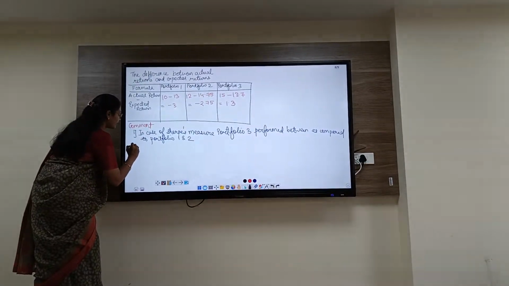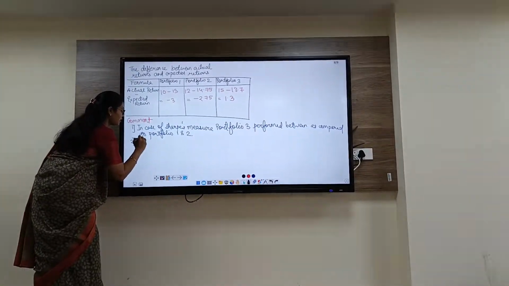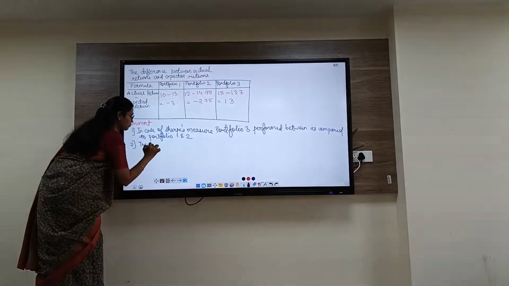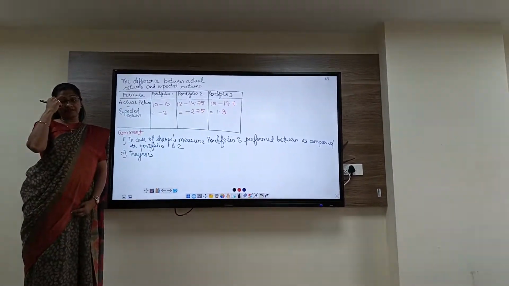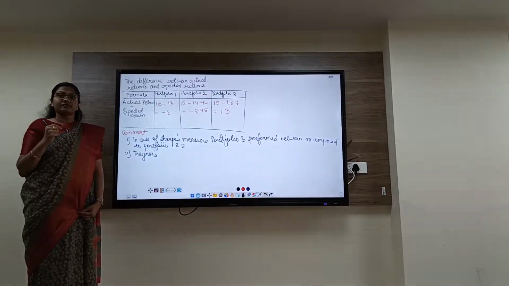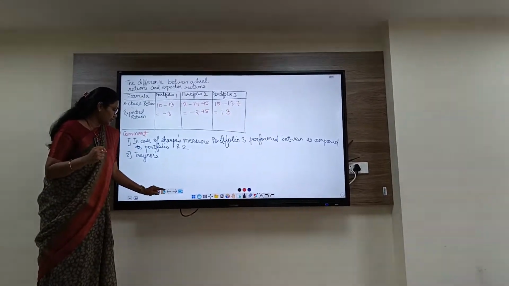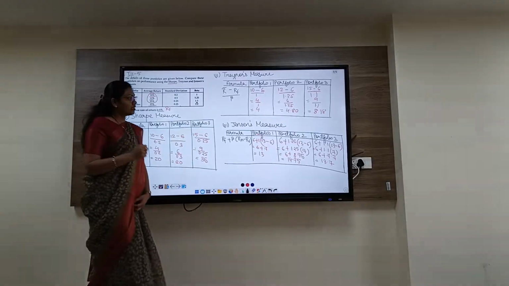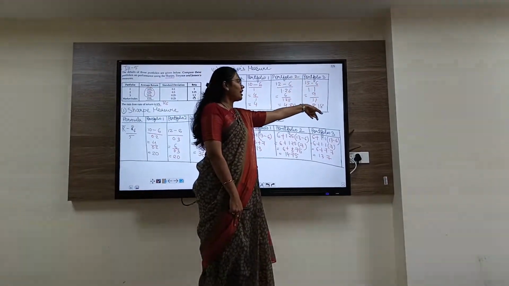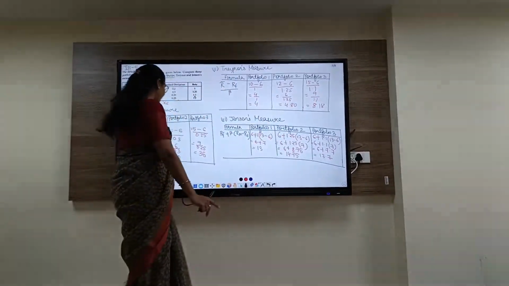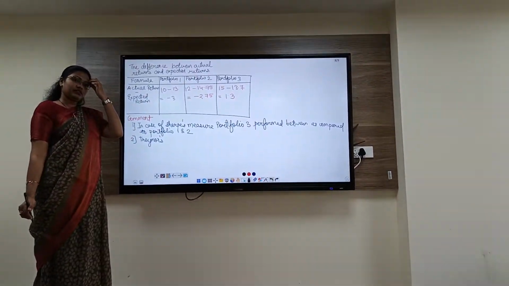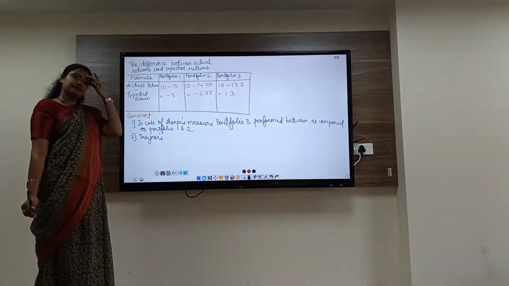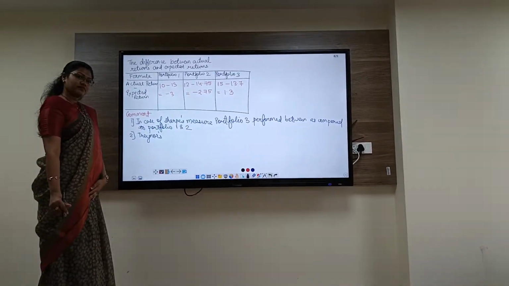Second, we will do for Treynor. What sentence will we give? Which one is better in the case of Treynor? Again, portfolio 3 is better. Who will tell me the sentence? What should I write over here? In case of Treynor measure, portfolio 3 performs better as compared to portfolio 1 and 2.